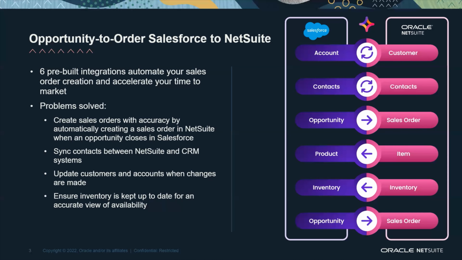Some of the benefits of this are, if an order is created in Salesforce, then it'll automatically be created in NetSuite. Now, whenever data is manipulated in one application, let's say you change a data field in NetSuite, that'll automatically be updated in Salesforce, whether it's contact data or product data or inventory data.